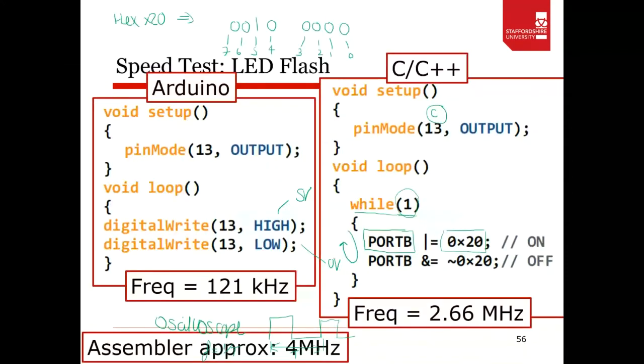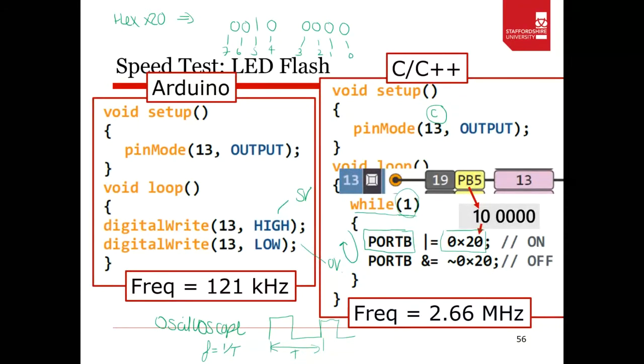If you remember my diagram that I had before, I've just got a small representation of it here. The fifth bit of port B represents pin 13.